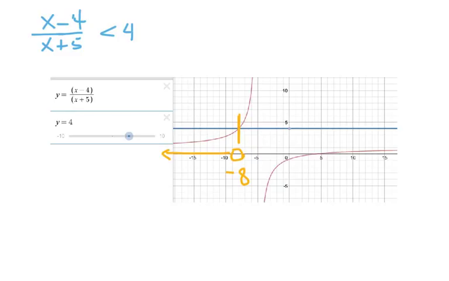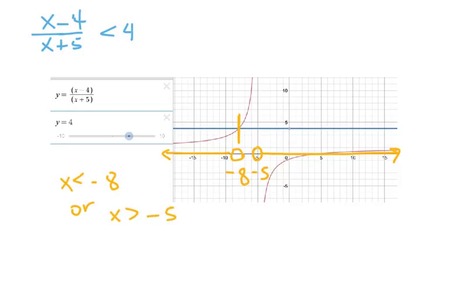I also know that it's undefined at negative 5 and that it's above 4 in between negative 8 and negative 5. But greater than negative 5, the function is less than 4. So I can see the same solution here, which is x is less than negative 8, or x is greater than negative 5.